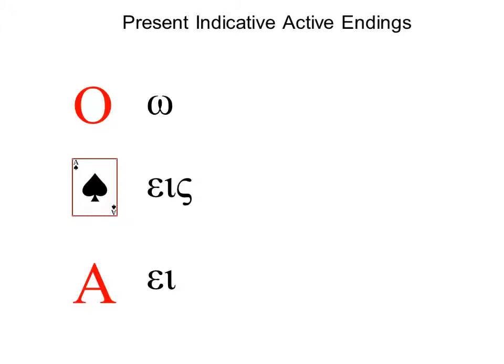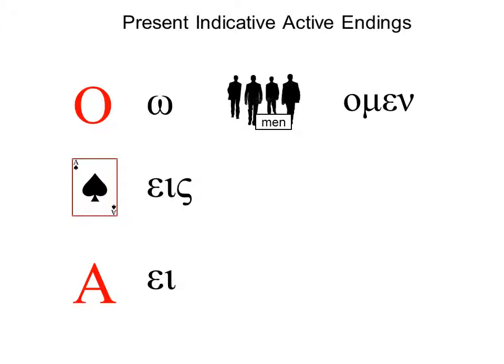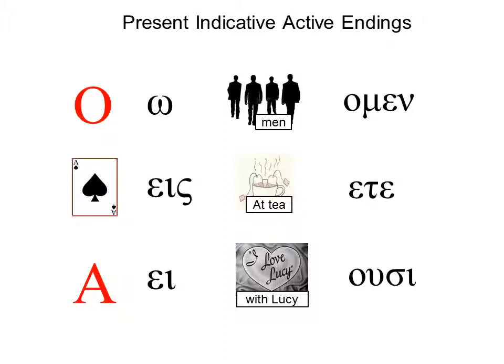The plural, you have a little thing here. Men, omen. At tea, ete. With Lucy, I love Lucy, ousi. So we get O, eis, ei, omen, ete, ousi.